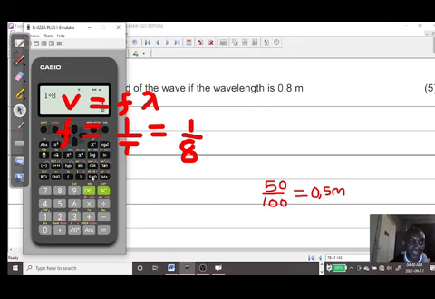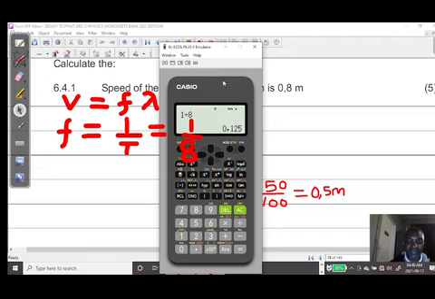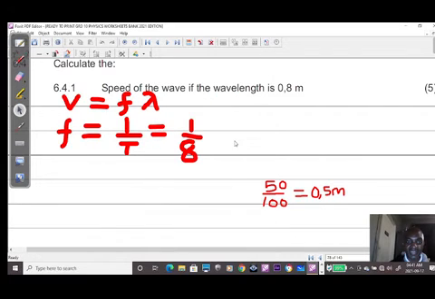If I press S-D, it's 0.125. That's my answer, so I have 0.125 as my frequency.